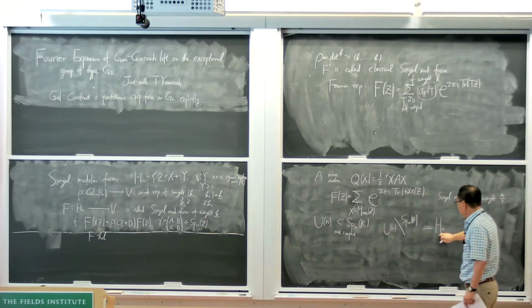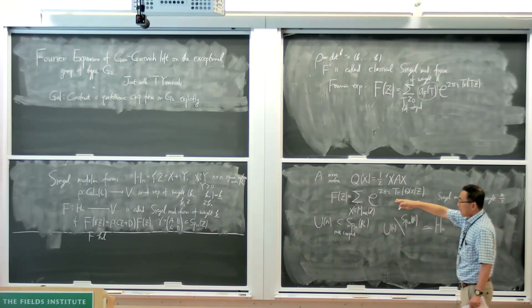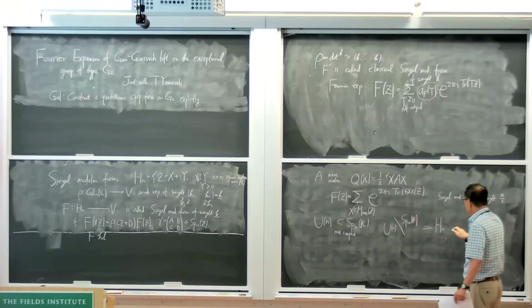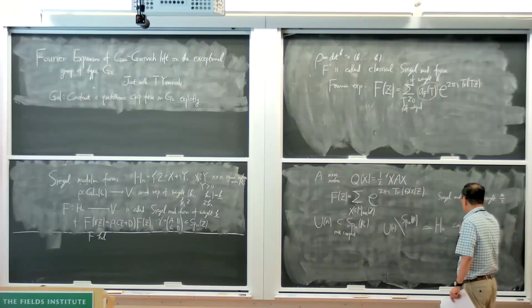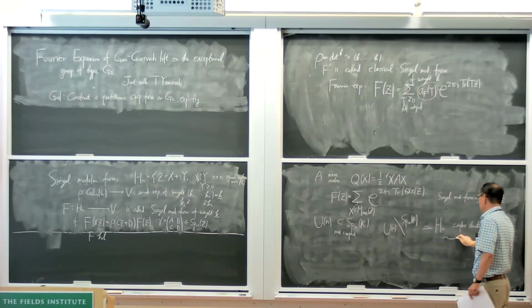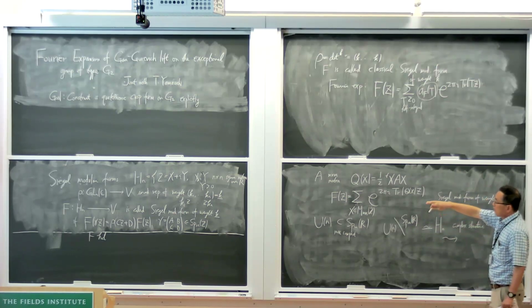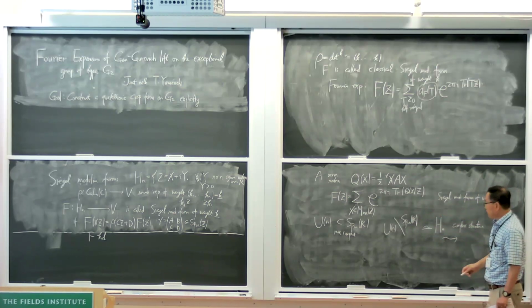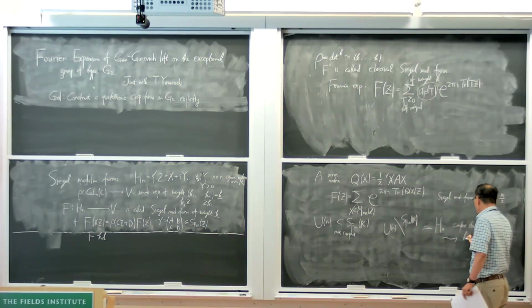And this Siegel upper half space has a complex structure. This complex structure is responsible for the existence of holomorphic functions. So you get holomorphic functions on this space.